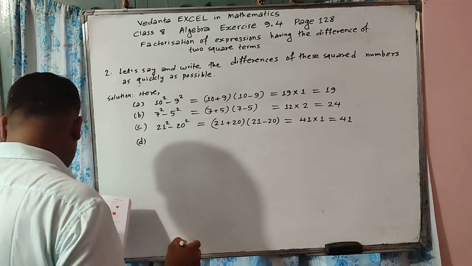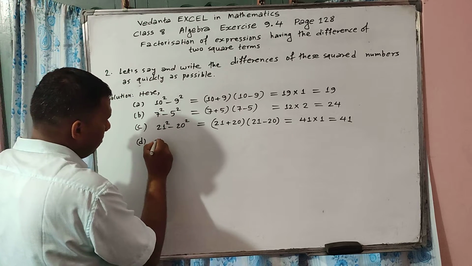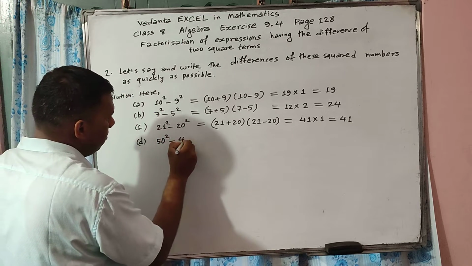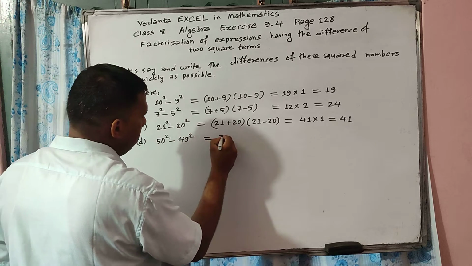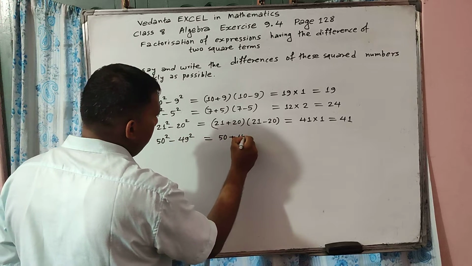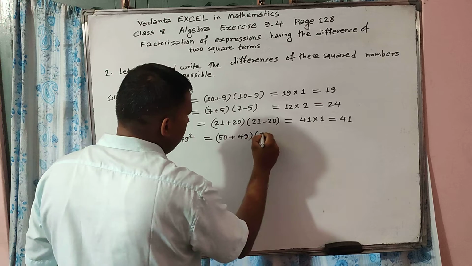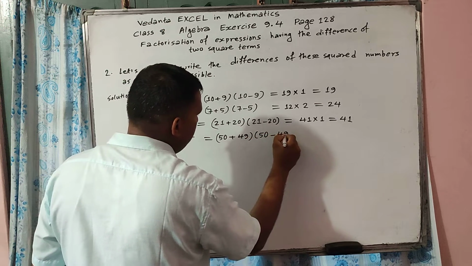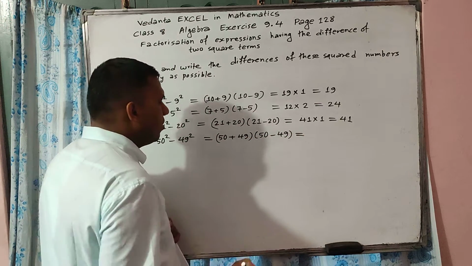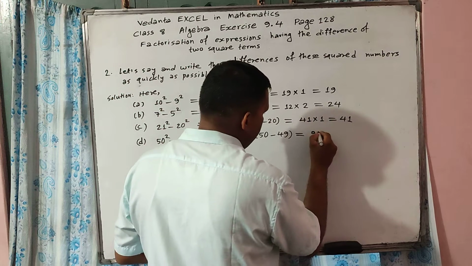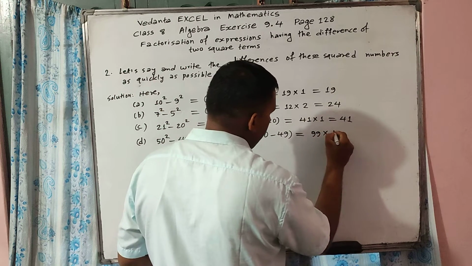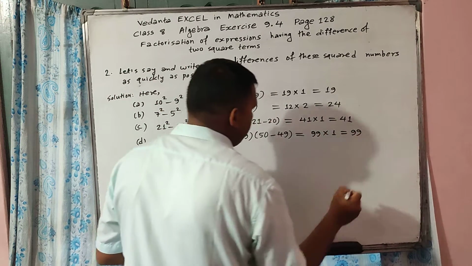On D, 50 square minus 49 square equal to 50 plus 49 into 50 minus 49. 50 plus 49, that is 99. 50 minus 49, 1. That is 99.